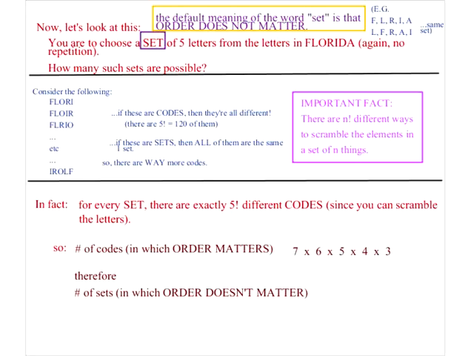You have to divide. Some of you are giving me formulas, which is great, but formulas are limited, and we'll talk about why in a second. You can take 7 times 6 times 5 times 4 times 3, and since each of the sets happens 5 different times, you can divide by 5 factorial.